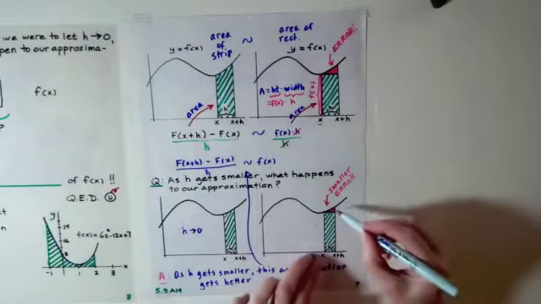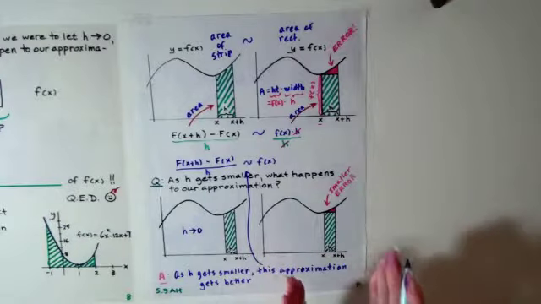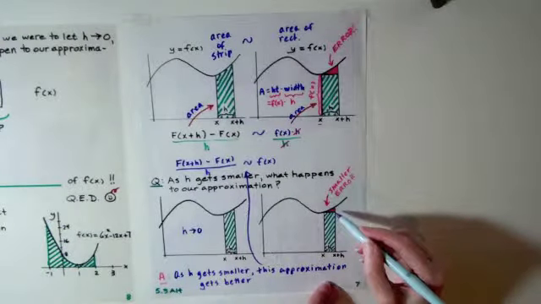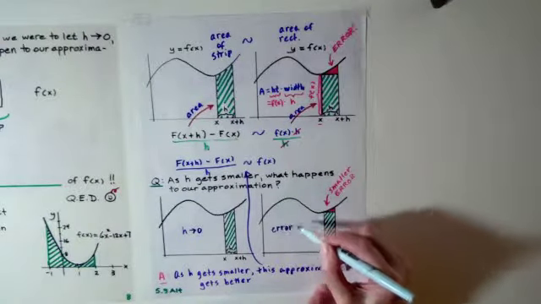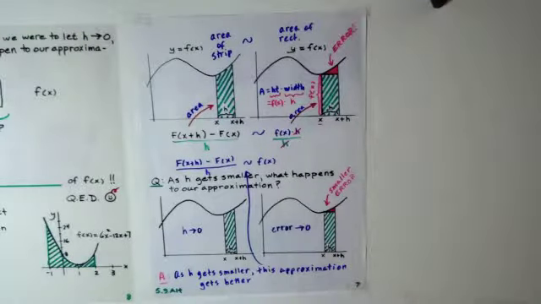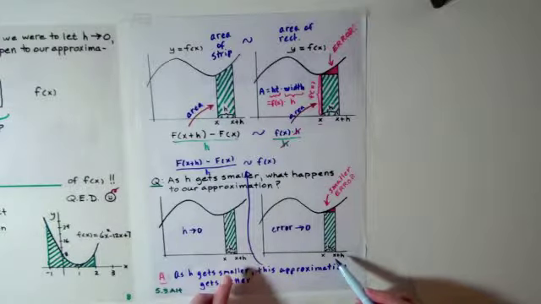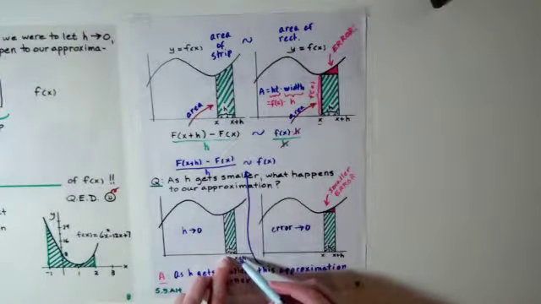And in particular, I want you to notice what happens to this red error that we have here. As h shrinks to 0, this little red area gets smaller and smaller, and eventually, as h goes all the way to 0, the error will go all the way to 0. In other words, this approximating rectangle will become equal in area to the area of this strip.